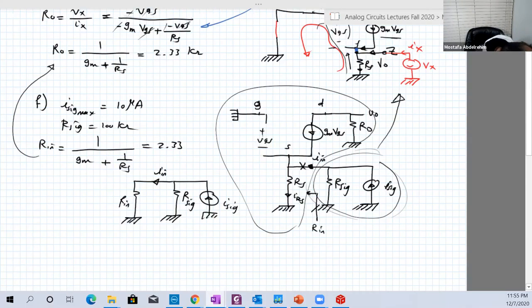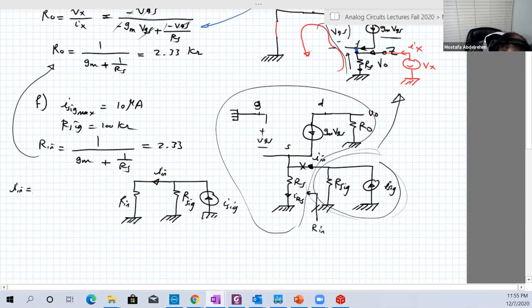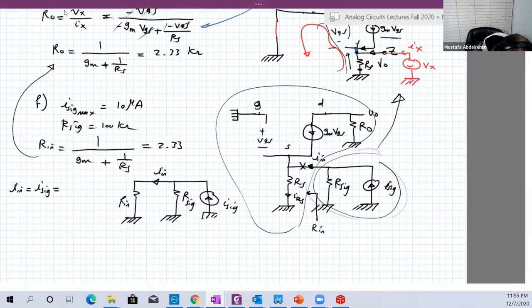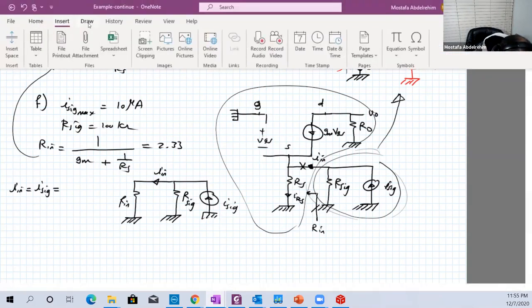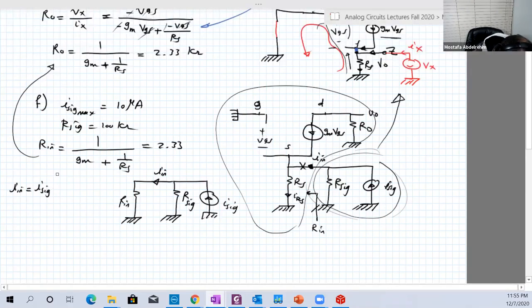So I input, from circuit theory, is a current flowing in one of the parallel branches. So it's equal to I signal, the total current, multiplied by the far away resistance, which is R signal, over R signal plus R input.